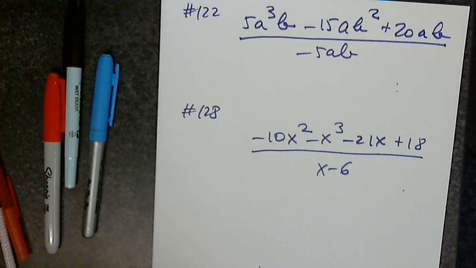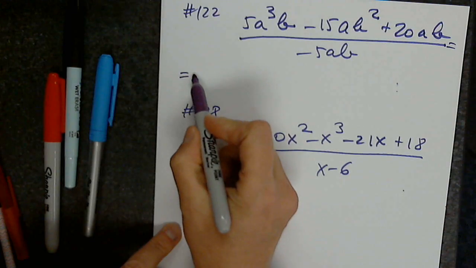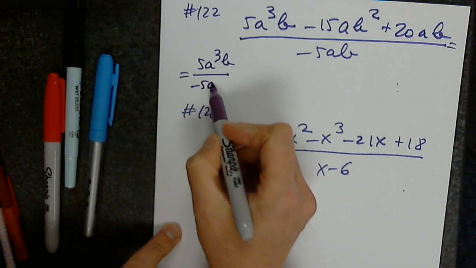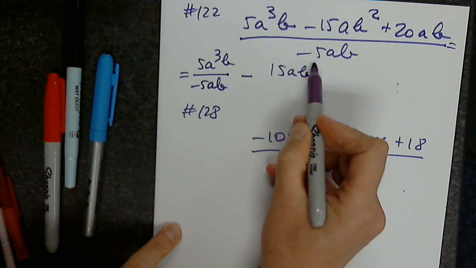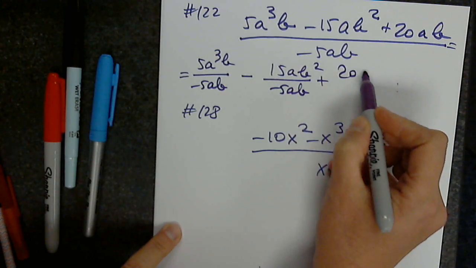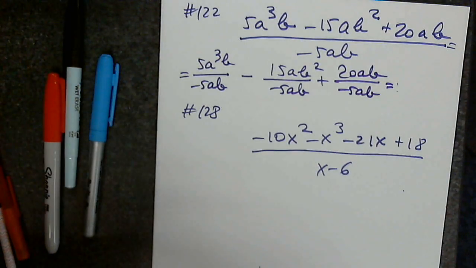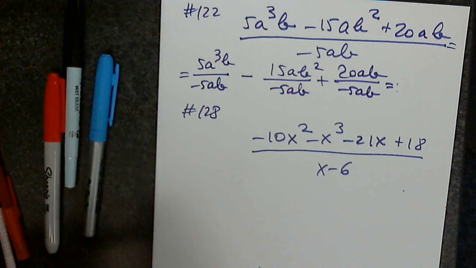So for 122, I have to write 3 fractions: 5a cubed b over -5ab, minus 15ab squared over -5ab, and plus 20ab over -5ab. Can anyone simplify the first fraction and tell me what to write? A squared, and first of all it is minus.